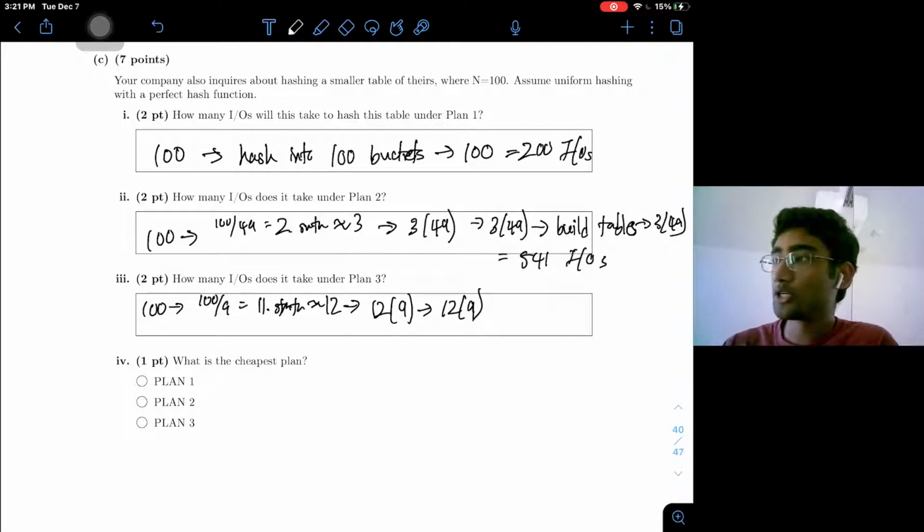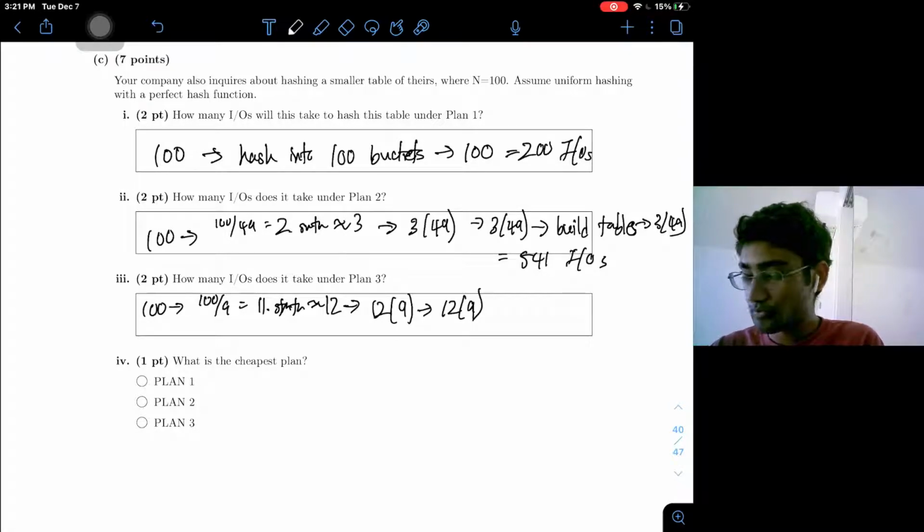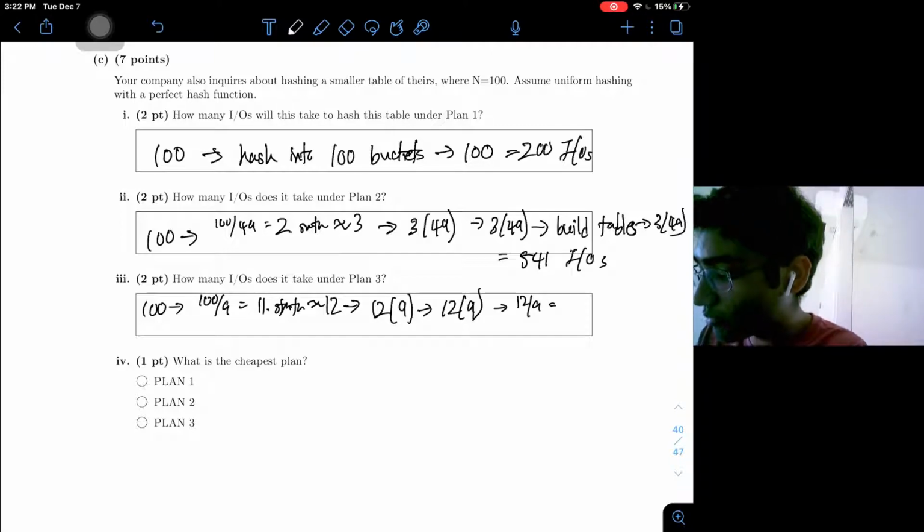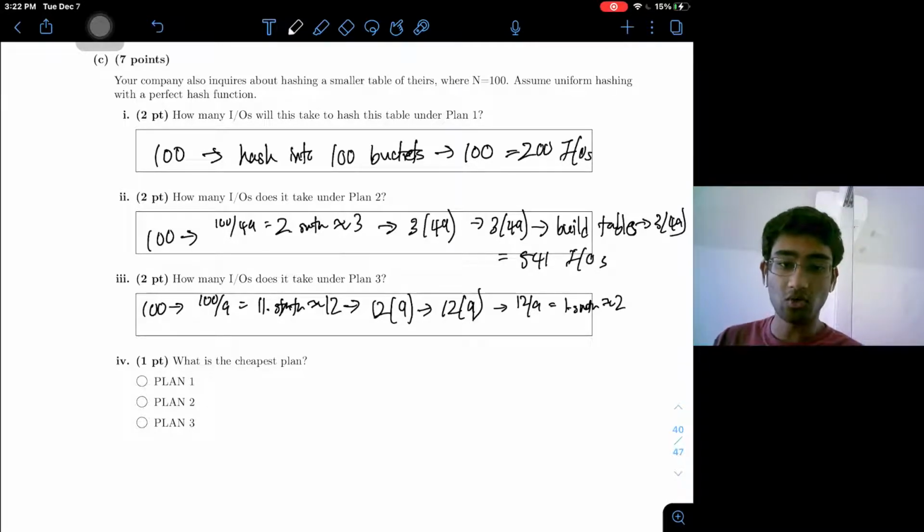Think about it as each partition being 12 pages. We need to divide those 12 pages into partitions. So the 12 pages get divided by 9, and that gives us 1 point something, which rounds to 2 pages per partition, or 18 pages total per original partition.